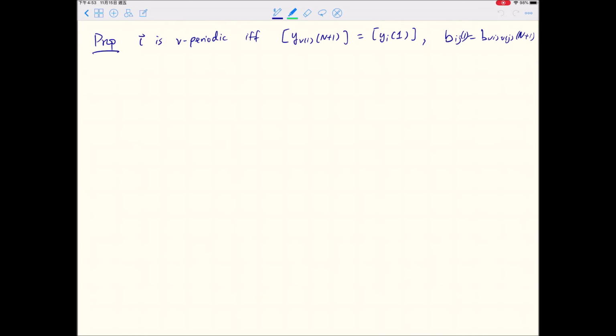And that is enough to determine whether a sequence is nu-periodic.